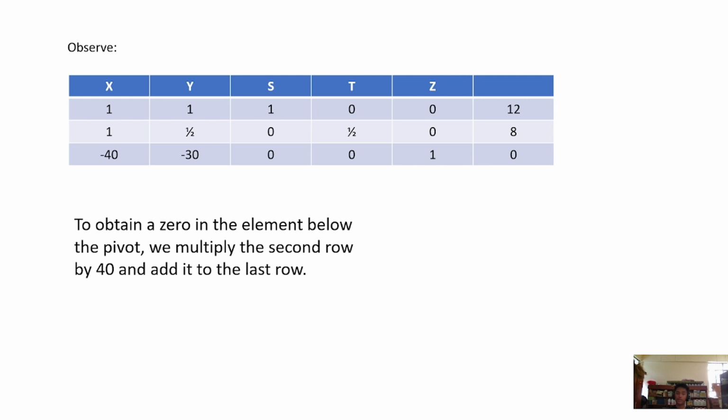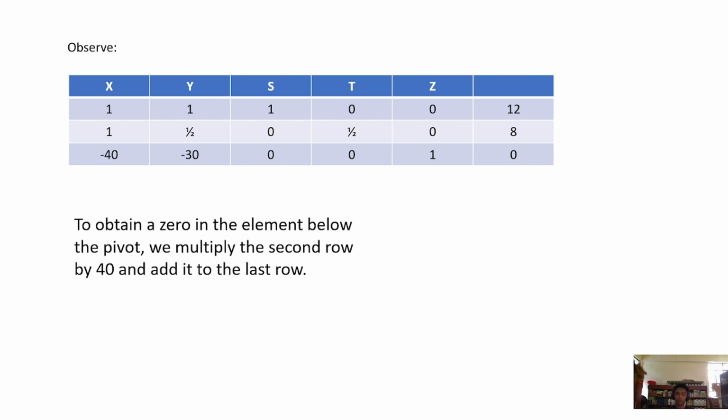At this corner point s equals 4 and t equals 0, which means he will be left with 4 hours in working time and no preparation time.